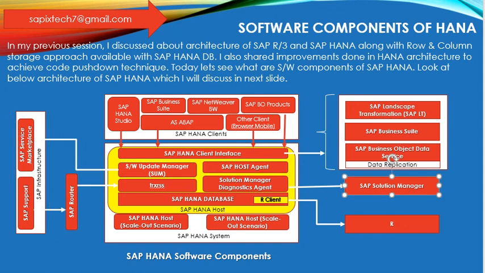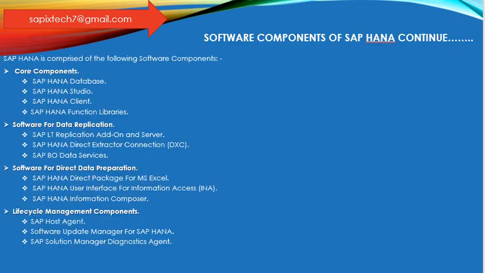And you have the SAP Software Update Manager, and this is the host agent. Life cycle management has three parts: SAP HANA host agent, software update manager, and SAP Solution Manager.